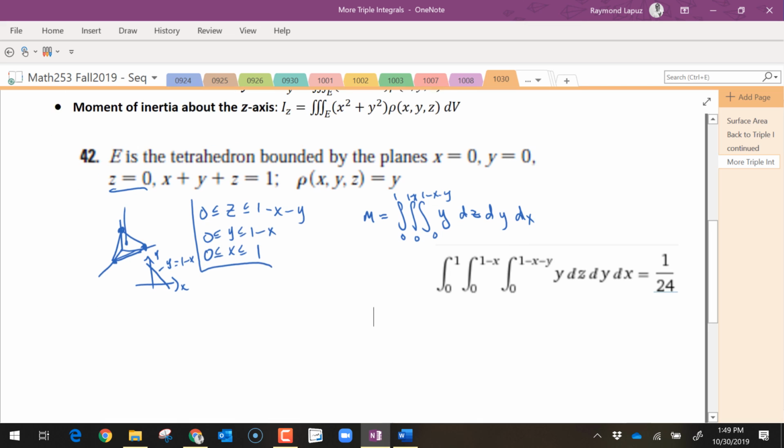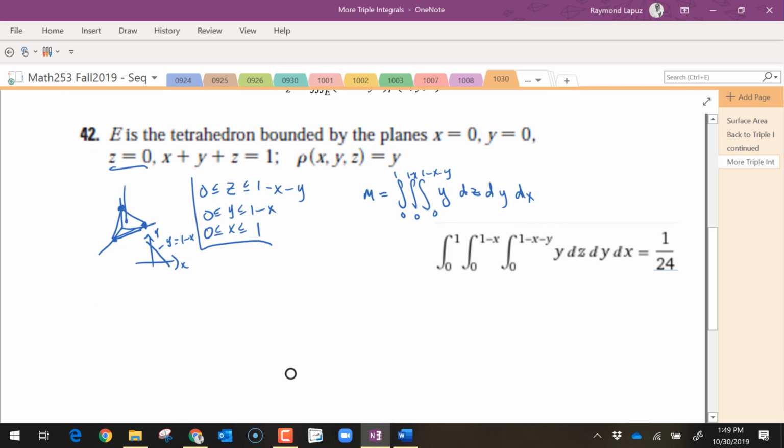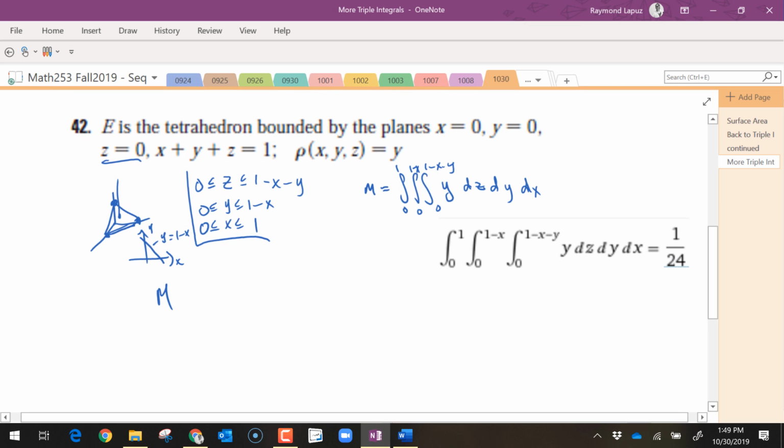All right, so now let's do myz, which is going to be almost the same integral. Except you have to multiply this with an x, right? x times the rho.